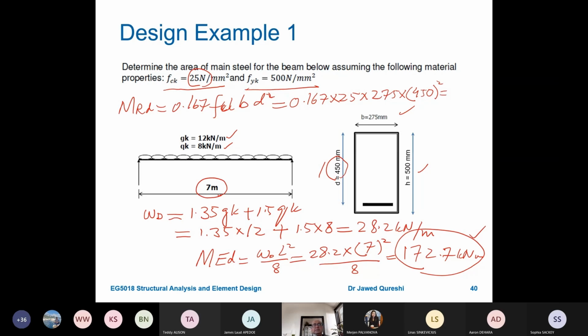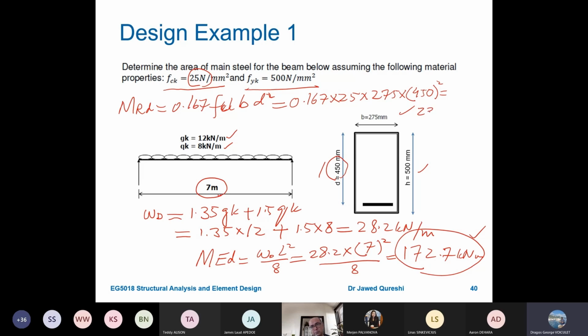Now here everything is in Newton and millimeters. 0.167 times 25 times 275 times 450 square. So this is giving me a really big number, 232.495 times 10 raised to 6.